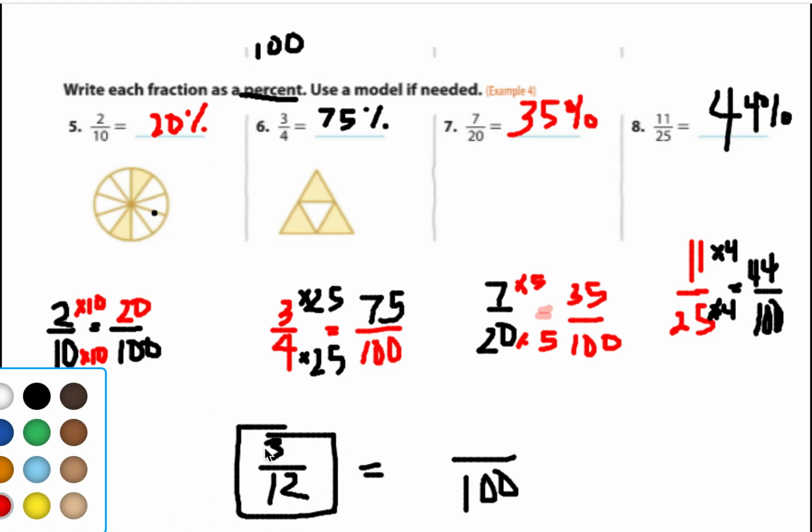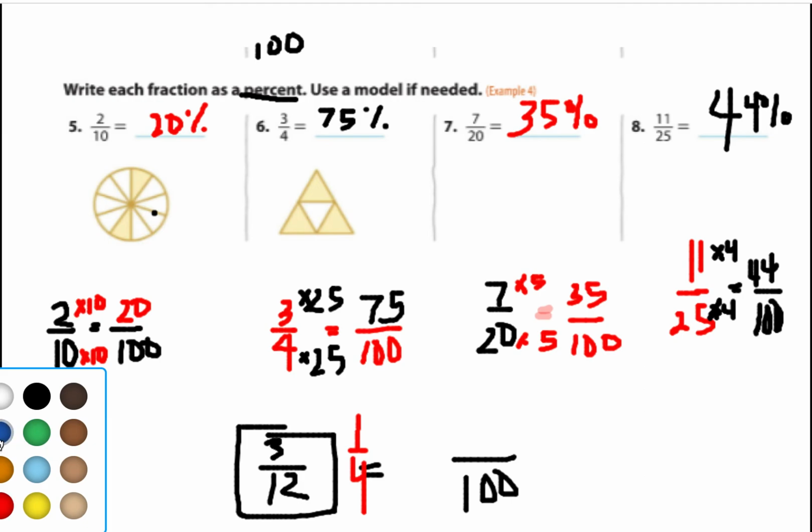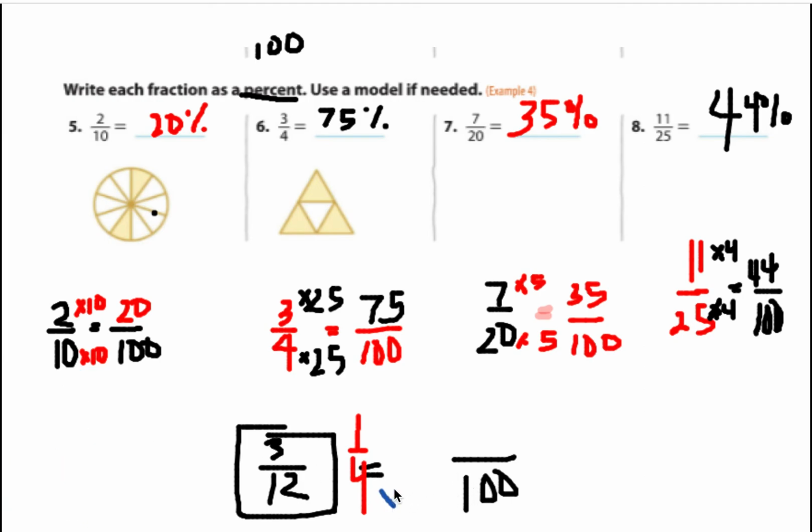So if I simplify 3/12, wouldn't you get 1/4? Yeah, you do. And then my other question to you is, doesn't that work? Doesn't something times 4 give you 100? We already discussed that. 4 times 25 gives me 100.